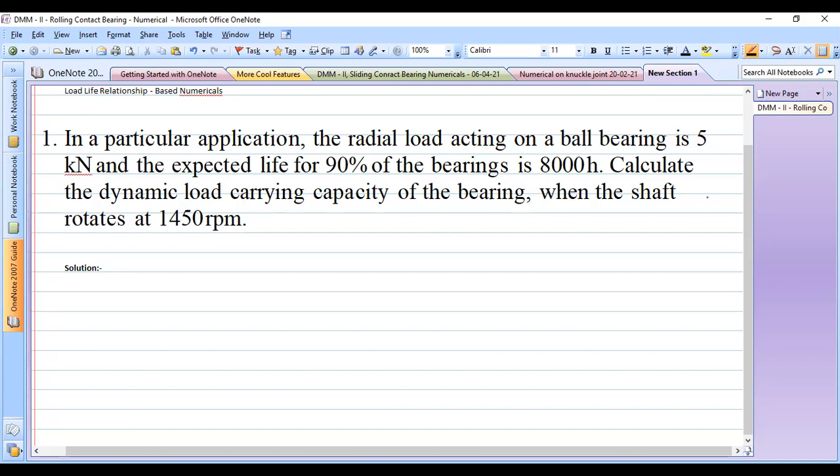Calculate the dynamic load carrying capacity of the bearing when the shaft rotates at 1450 rpm. Okay, just note down the numerical.